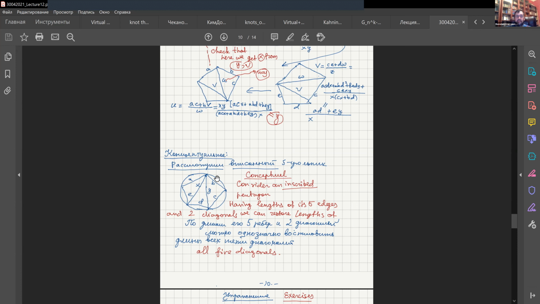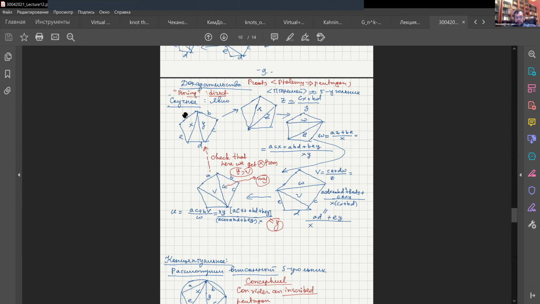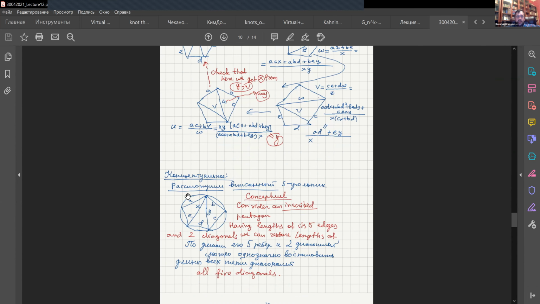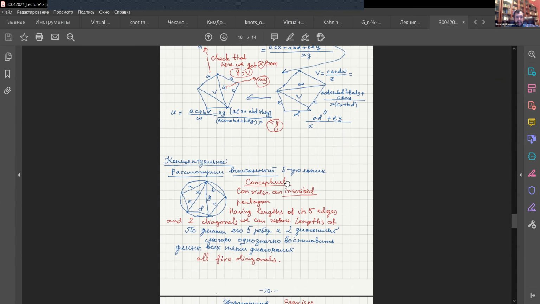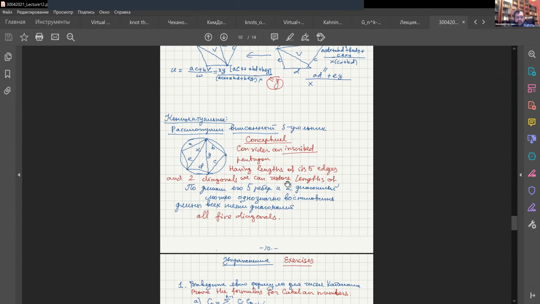So this will give us expressions for all those U, V, and whatever we had. And of course, if we go this way, we will return to the same X and Y. And never mind whether you start from X and Y or V, W, it will be the same. Okay, so this is the conceptual proof.